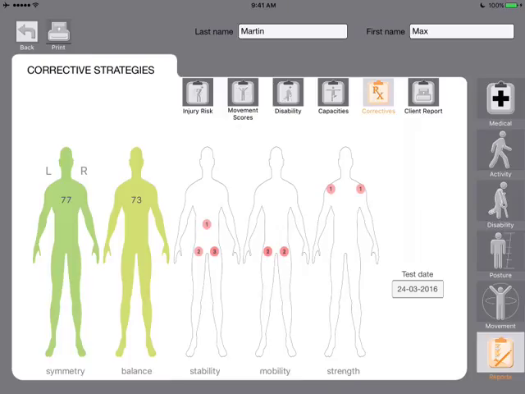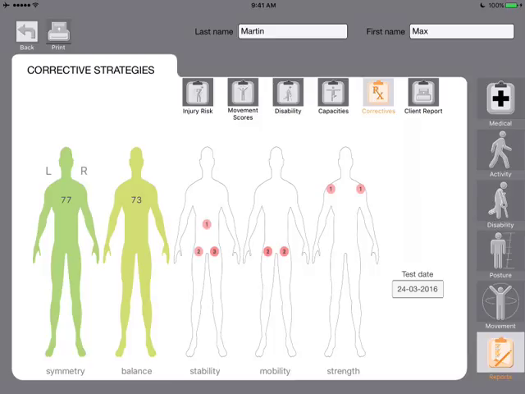So there you go. That's how we can get the best amount of information out of the outputs, educate ourselves as professionals, and educate our clients as to why we're doing the exercises that we're doing with them, and to encourage them to try and improve those scores.